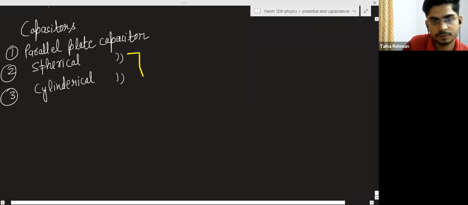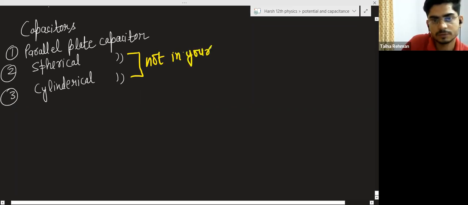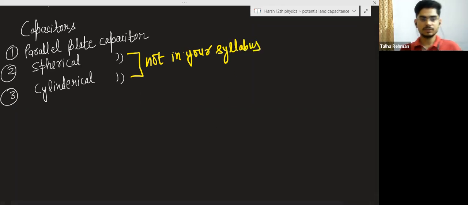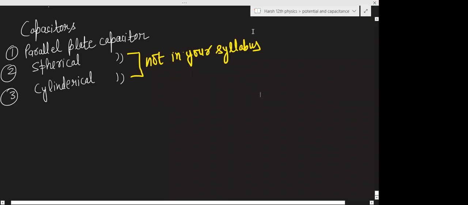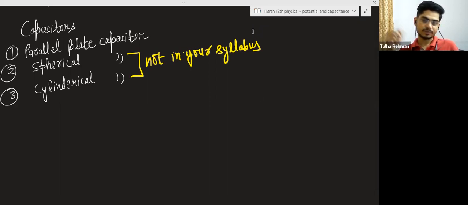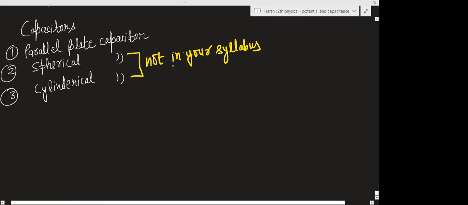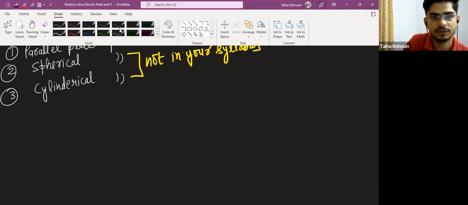But the latter are not in your syllabus. But these are in the syllabus of NEET and JEE. If you prepare for JEE, do you have biology or mathematics in 12th class? I have biology, sir. NEET is the exam for doctors. So in NEET this is included, but in CBSE this is excluded.